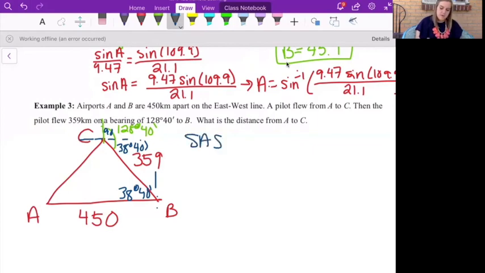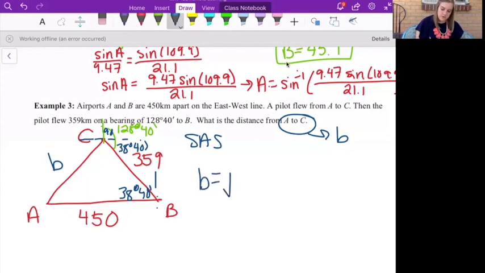Okay, so then we have side angle side. And the thing is, we want to know the distance from A to C. Well, this is side B. So we're going to use our law of cosines, and then that's all we have to do.